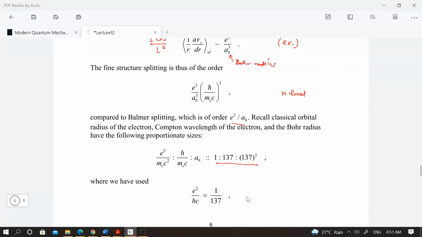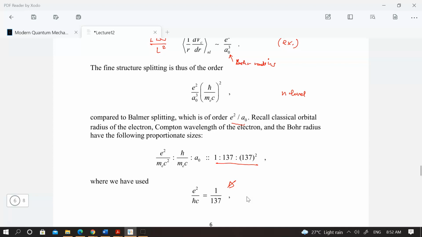So your Bohr radius is essentially 137 squared greater than this quantity. Okay, so you can see how small this is. Where is this coming from? This 137, it comes from that quantity, which is, I mean there should be an h bar and c here.